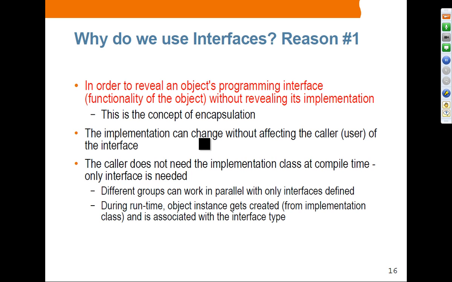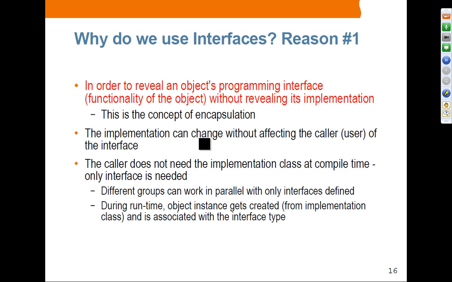The user will just use the interface, and the provider of that interface will provide the implementation, but the implementation can change without affecting the caller of the interface, because the caller or user of that interface does not care how it is implemented.